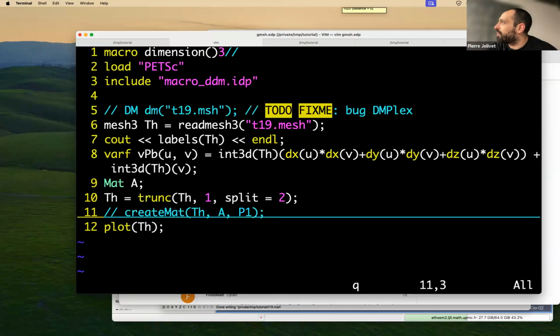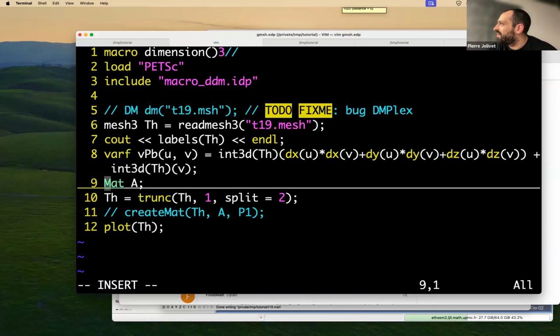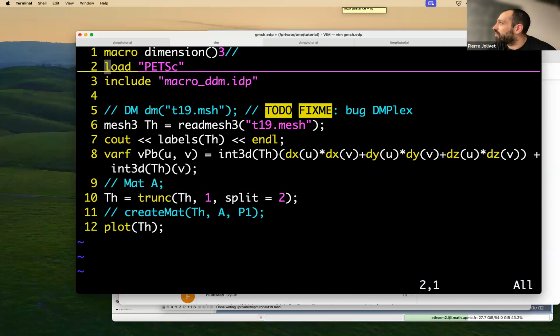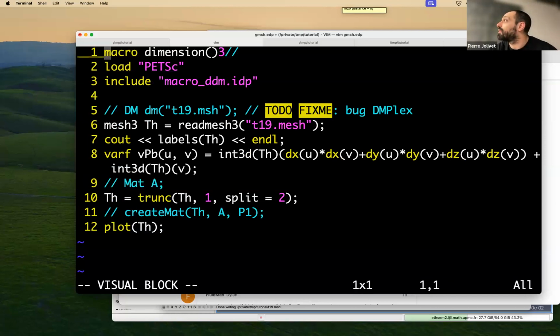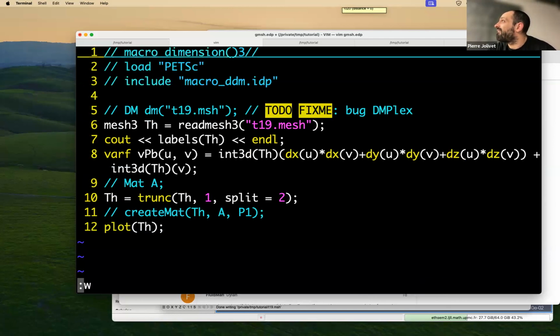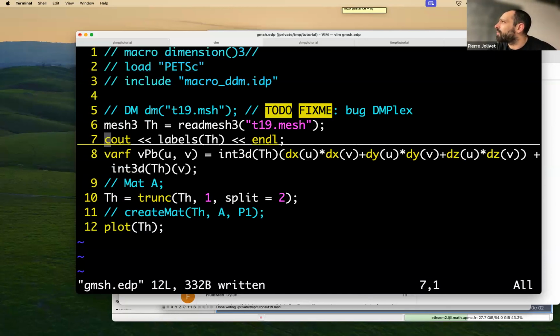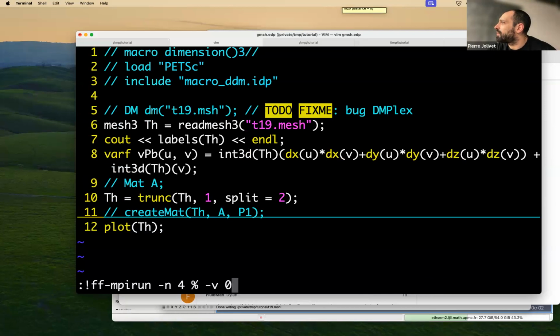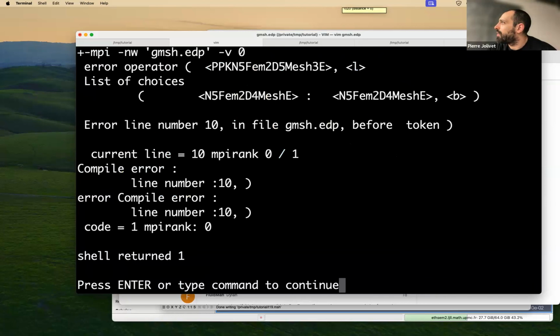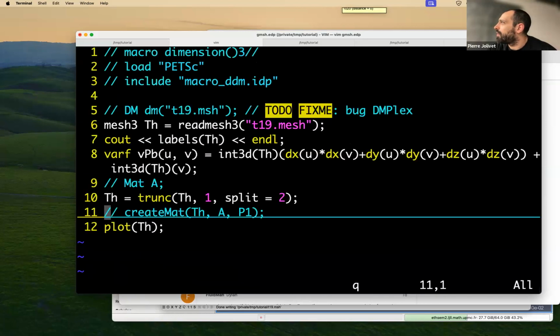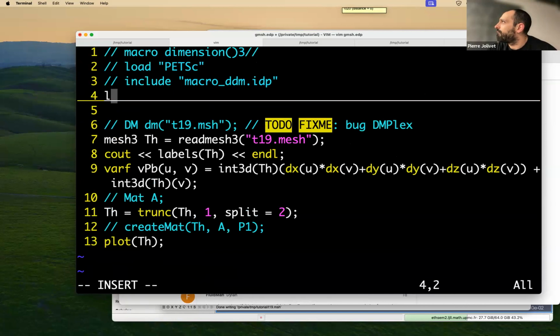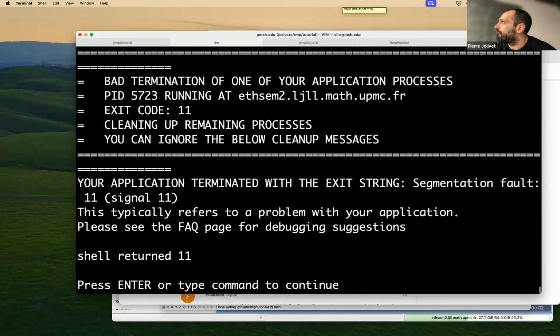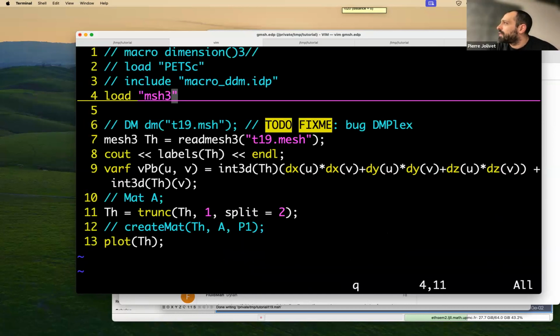I think there is something wrong with the mesh because I cannot even plot it. Read mesh, print out labels, Th. Okay, so this is a bug in FreeFem.